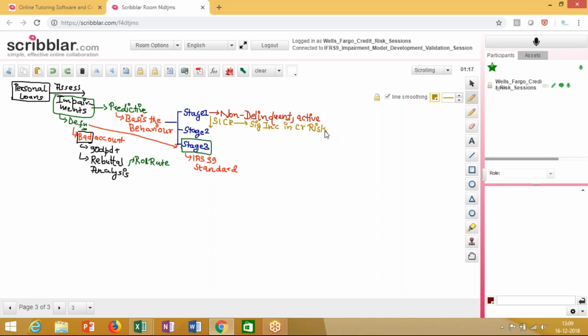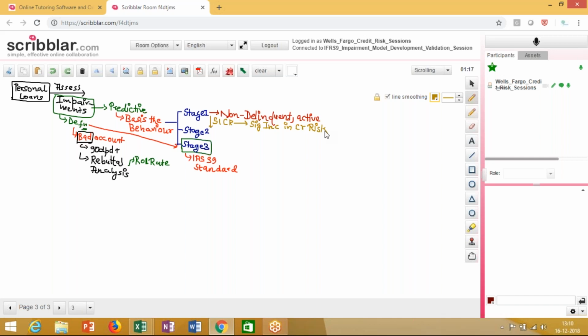Now, the impact of the macroeconomic variables will be faced through a movement in the probability of default. So those variables will enter while I'm trying to predict my PD, or the lifetime PD and so on. So that is where the macroeconomic variables come in.